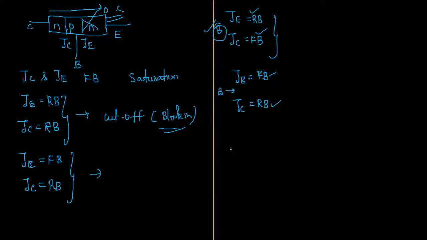So the complete blocking state will appear when the emitter junction and the collector junction both go under reverse bias. Suppose the emitter junction is in reverse bias and the collector junction is also in reverse bias. Under this situation, even with the help of base current I can't do anything, because both are already in inactive state. That is called the cutoff region.